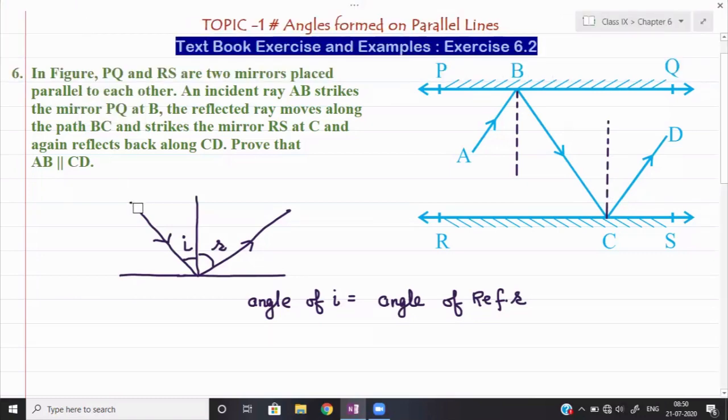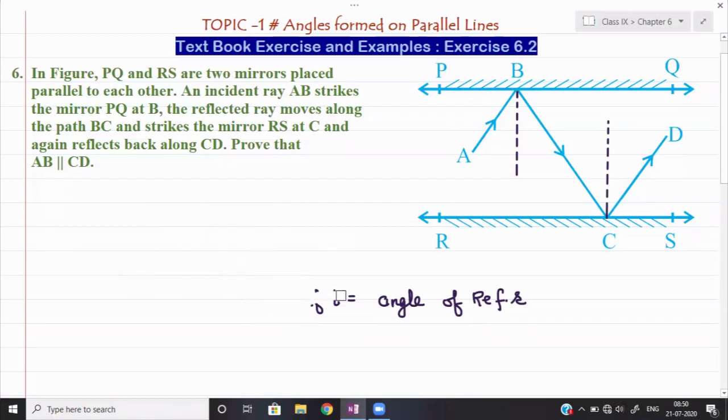I hope now the angle of incidence and angle of reflection is clear to you. So here we can write down properly the given and to prove. So let me rub this one once. Yes, it is over now.